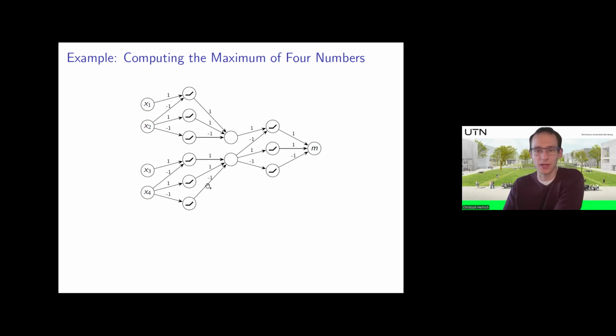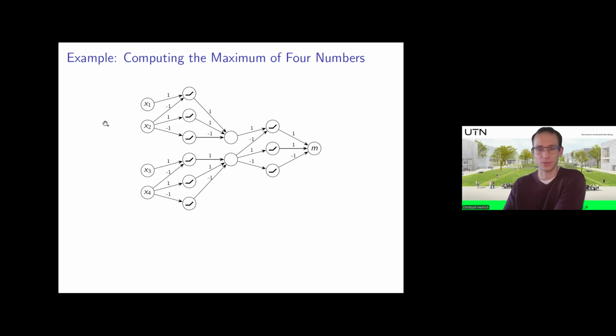So they just combine into one big affine function. So this is not actually a layer in our neural network. In other words, that means that to compute a maximum of four numbers, we just need two hidden layers here.